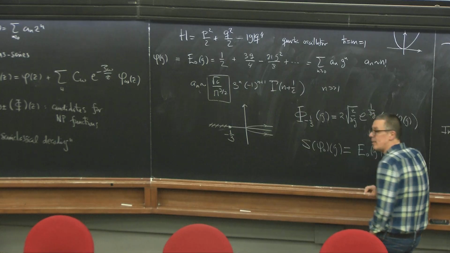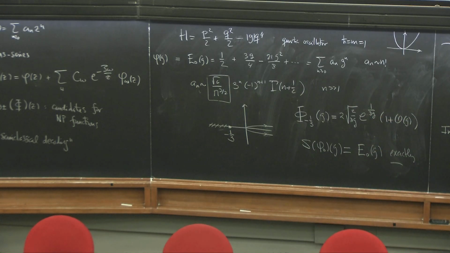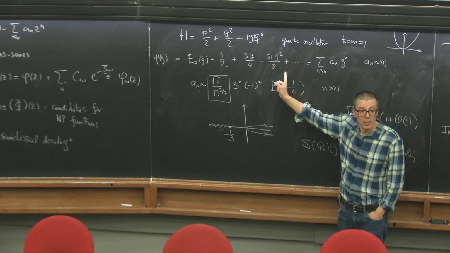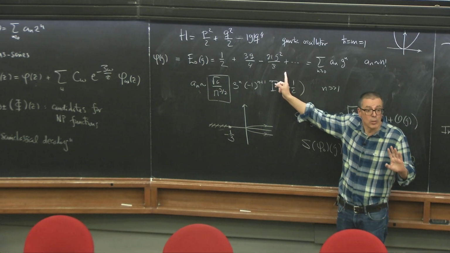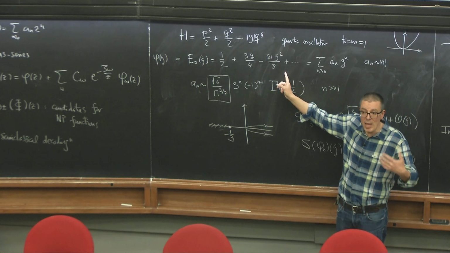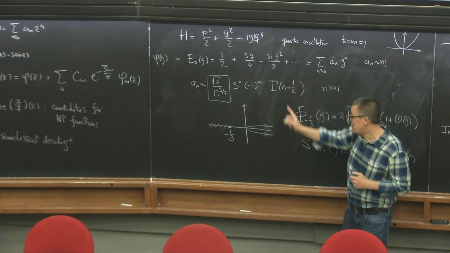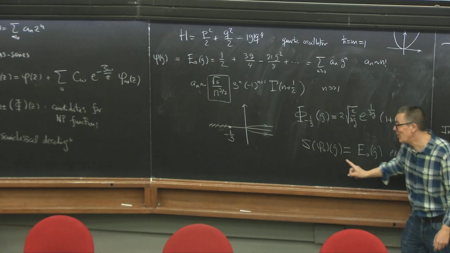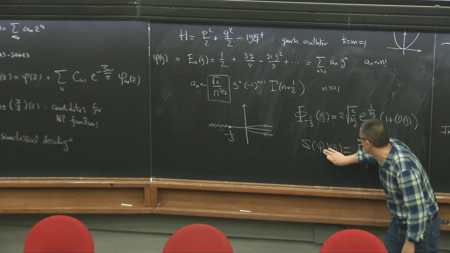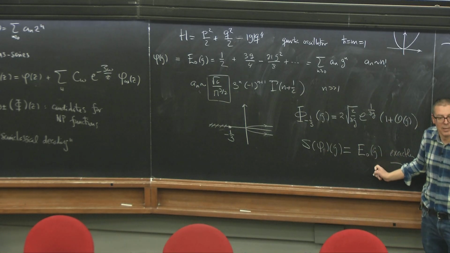And this is the upgrade of optimal truncation. If you were using optimal truncation with this series for sufficiently large values of G, you wouldn't be able to get an exact formula. But if you use Borel resummation, you will get exactly this identity.